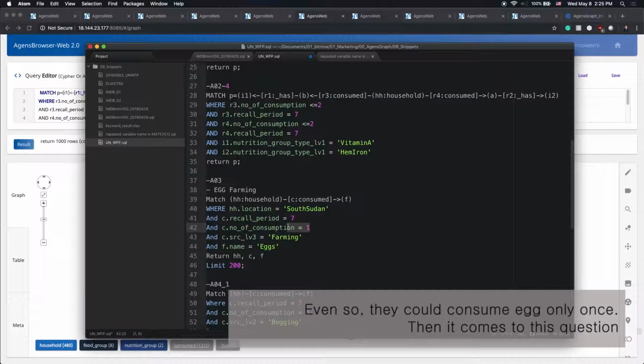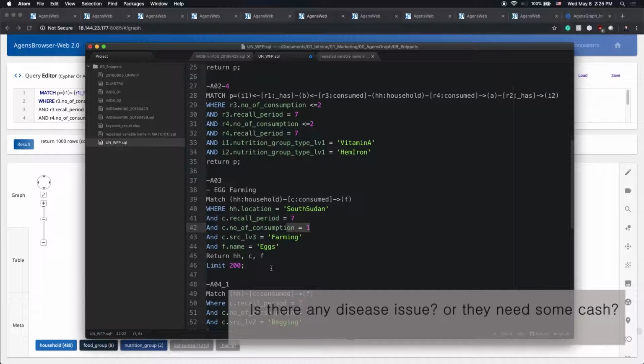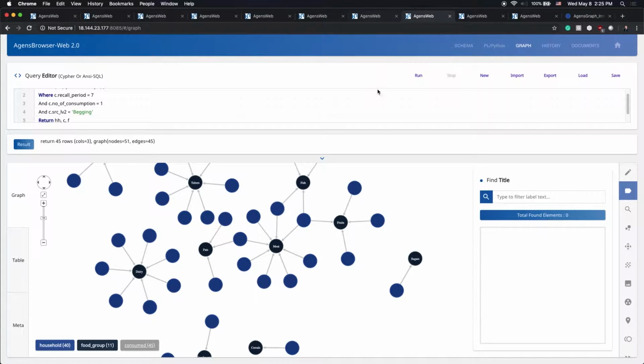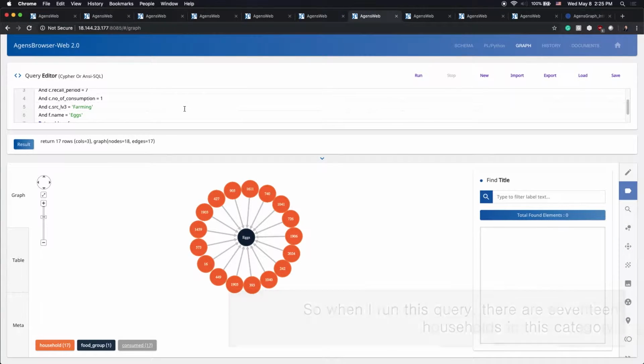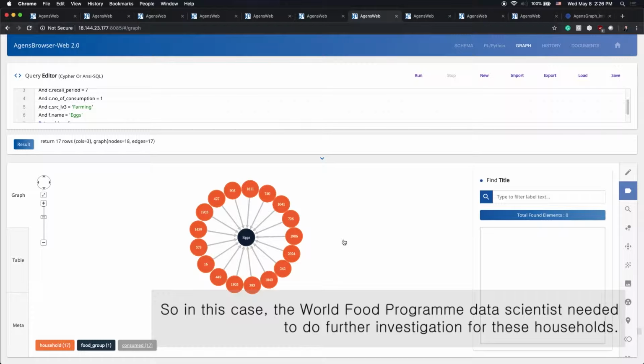Then the question is: why could they consume only once when they have chickens? Is it some disease issue, or did they need cash? When I run the query, there are 17 households in this category. In this case, World Food Program data scientists need to do further investigation for these households.